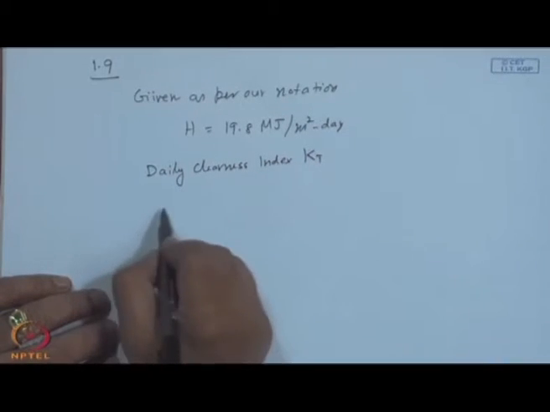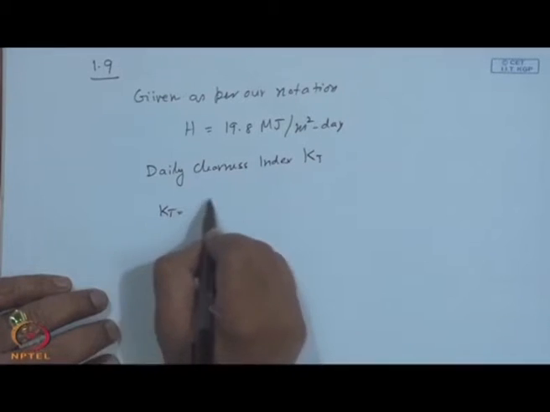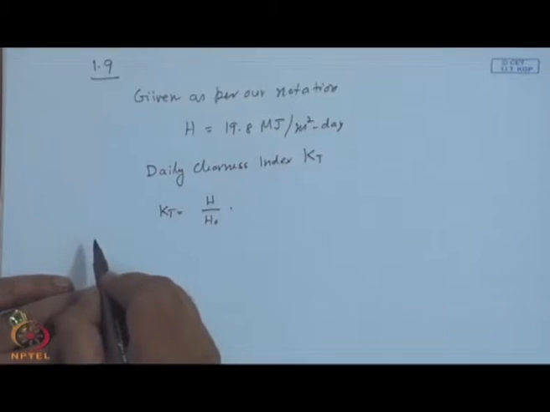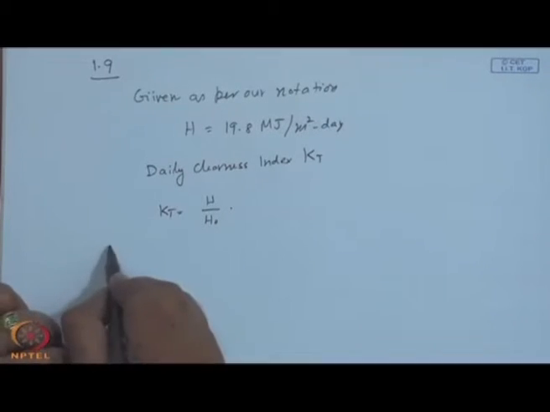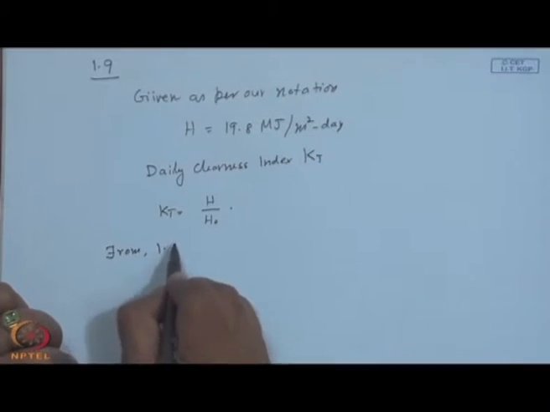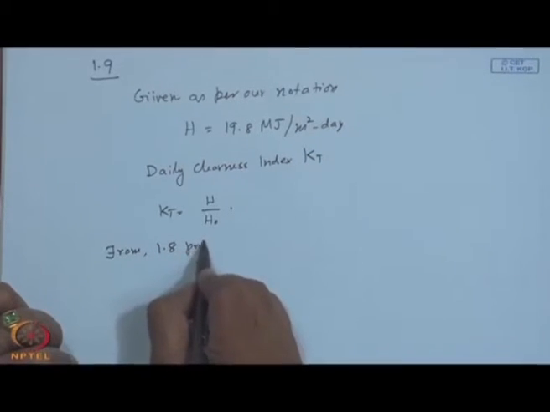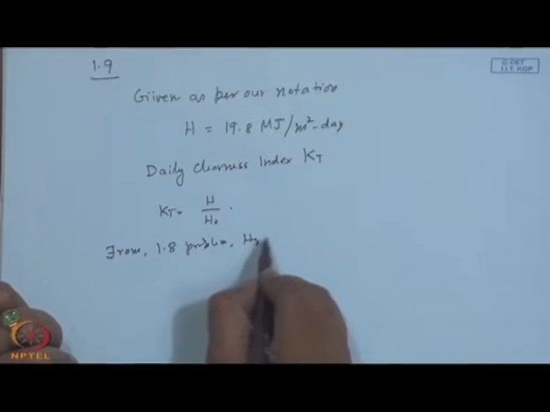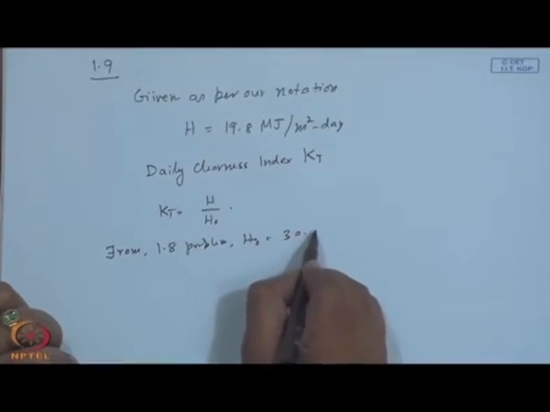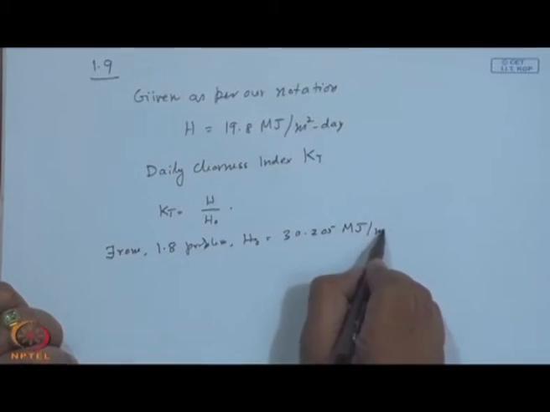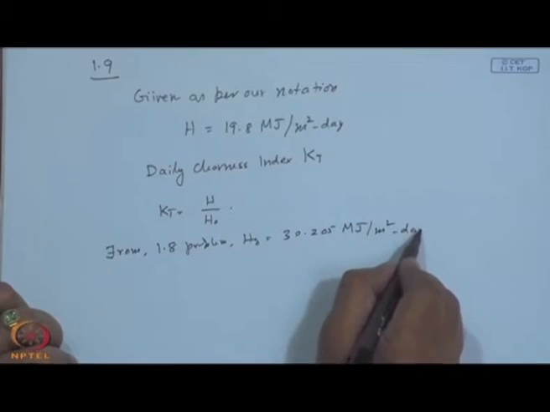Capital K T, and capital K T is H upon H 0, right. From problem 1.8, H 0 is 30.205 megajoules per meter squared day.